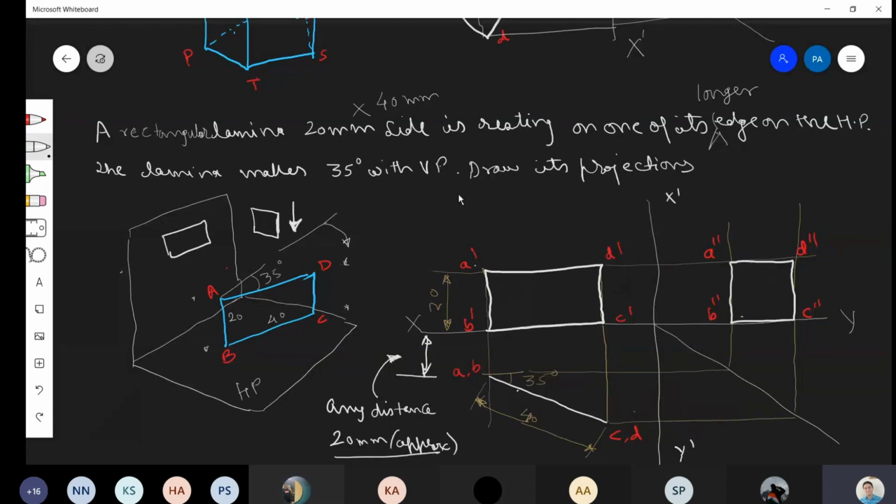That is decided by the top view. This top view will decide because AB is here. See AB, you are viewing the side view from here. So A and B are here, and if this is parallel to VP, then DC will be in the line of AB as we have drawn earlier.